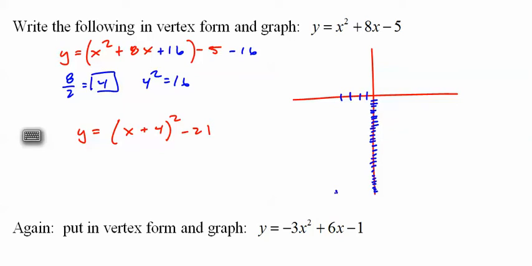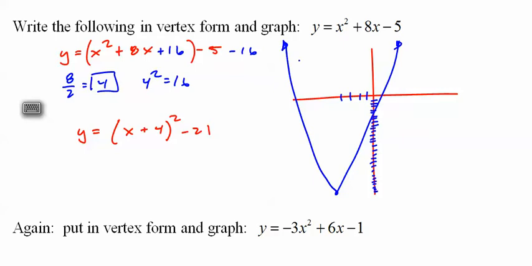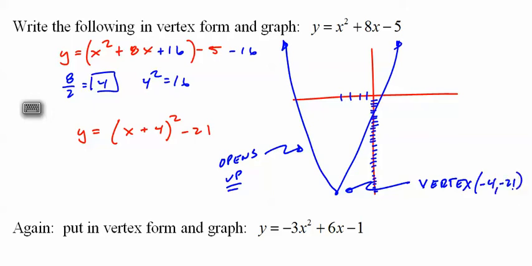Who knows, right about there. It would hit at, well, I can go back to the original equation, -5, about there. And we could go find the roots if we wanted. Opens up. Vertex is at -4, -21.